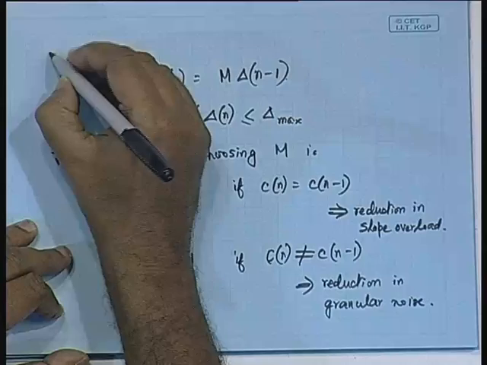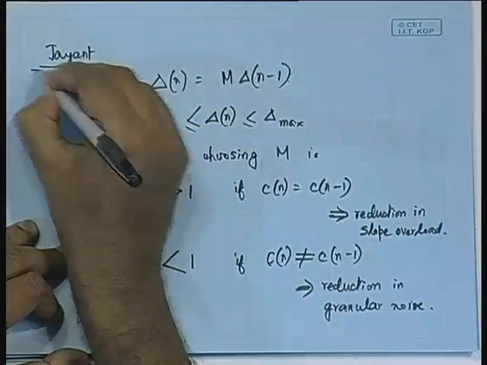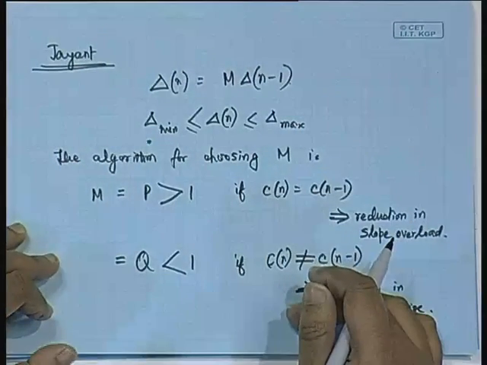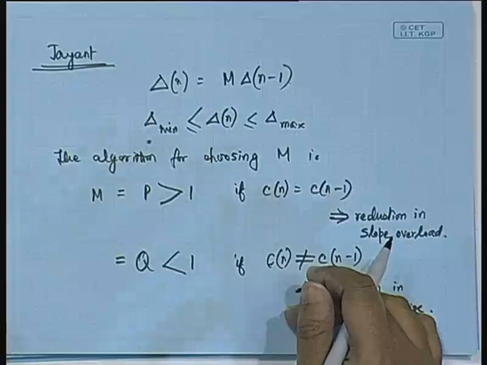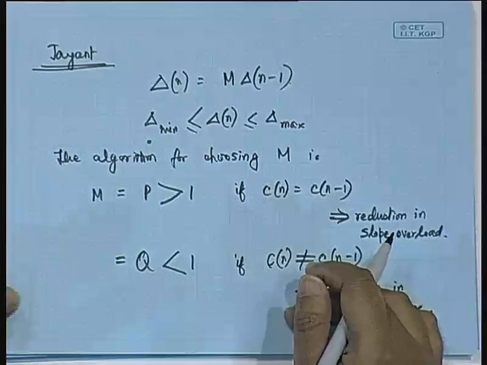This kind of very simple algorithm was in fact proposed by Jayant. So, this is known as Jayant's algorithm. Jayant happens to be a pioneer in the theories of adaptive quantization and adaptive delta modulation.